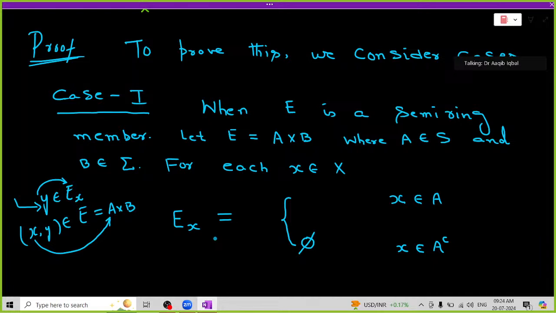And what about the other case? Look again at what I am writing here on the side. y in E sub x means xy belongs to E. E is A cross B. So that means y is in B. So y has to be in B. And the converse is also obvious.